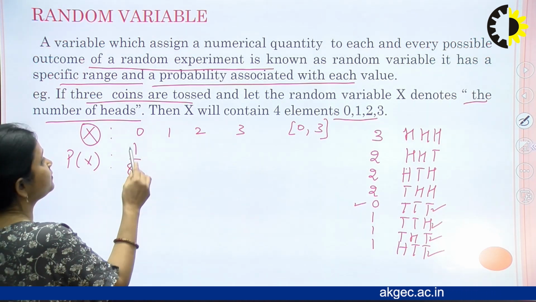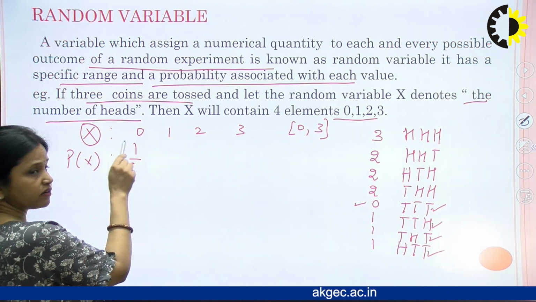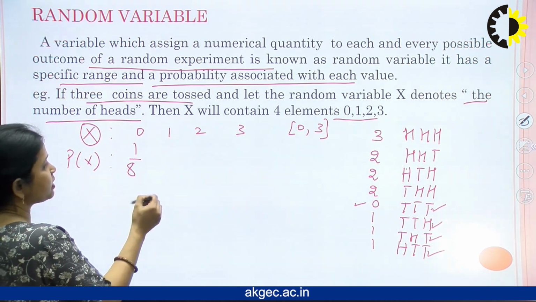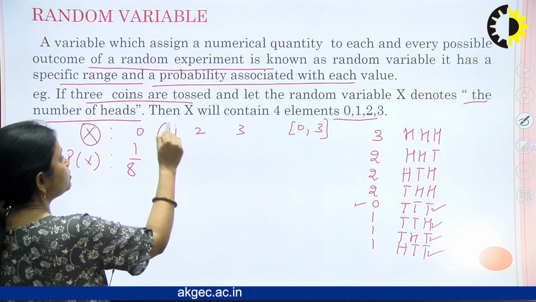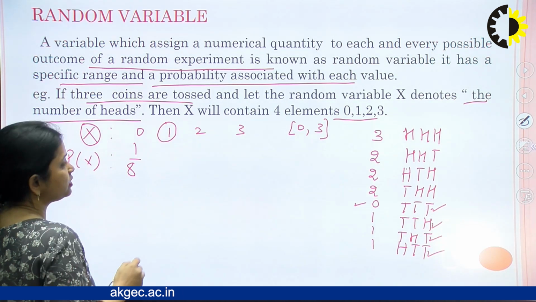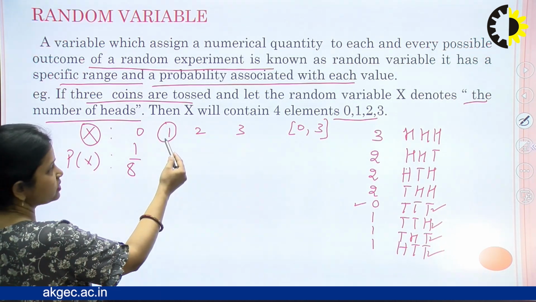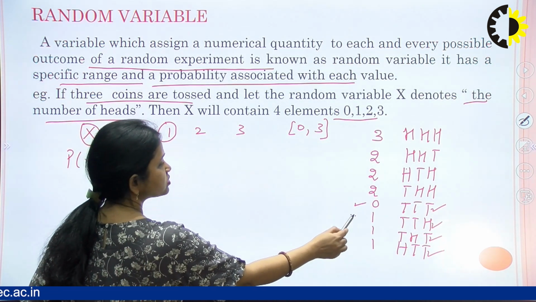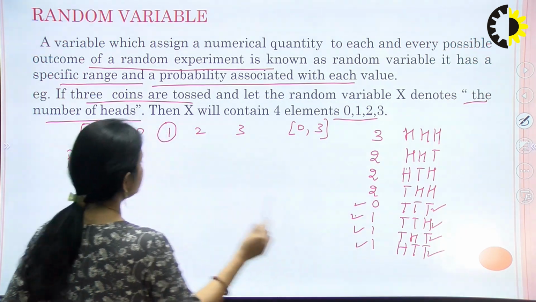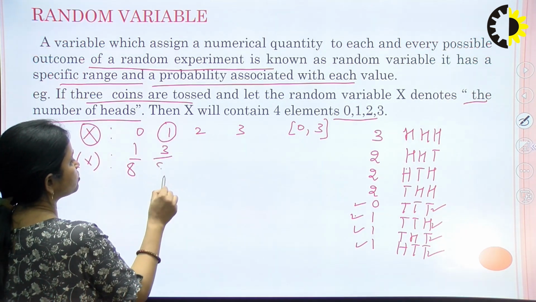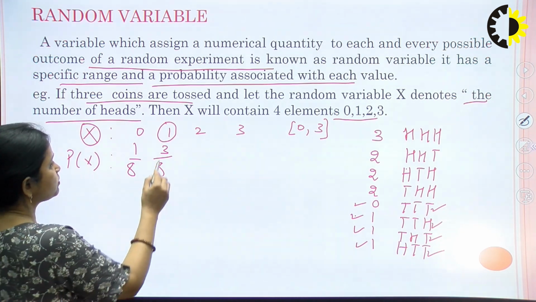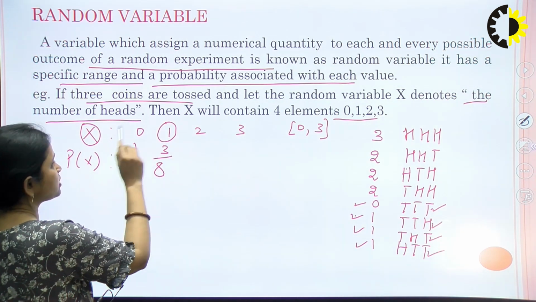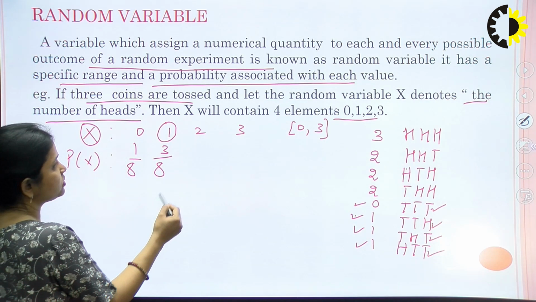So the probability of the random variable having value 0 is 1 by 8. Now, for the value 1, the number of heads is 1. So favorable cases corresponding to 1 are 3, and total number of cases are 8. So the probability for x having value 1 is 3 upon 8.